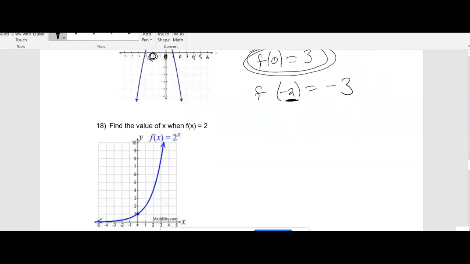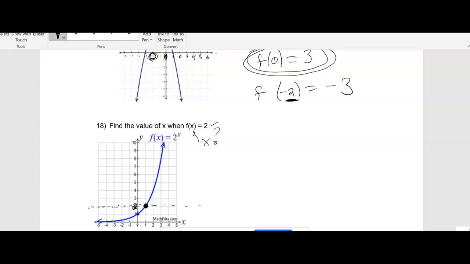18 is now the exact opposite. Now this is asking you, we don't know the x value now. That's what we don't know. So you're going to give me the x value when we have a y value of 2. So now here's your y value of 2. Look on this graph and determine where our y value is a 2. And that should be right here.